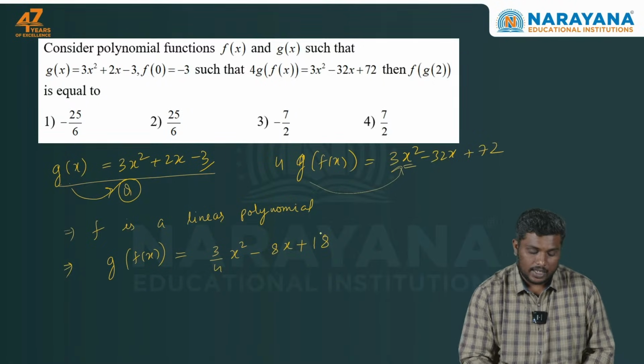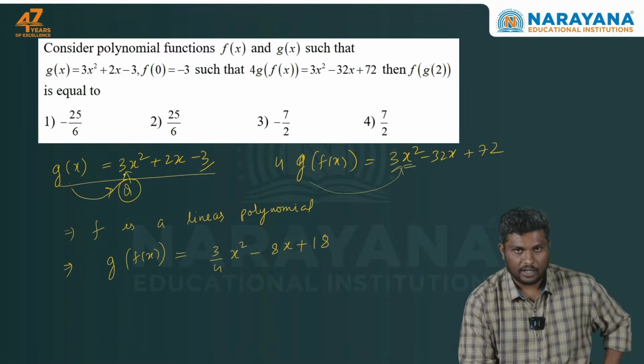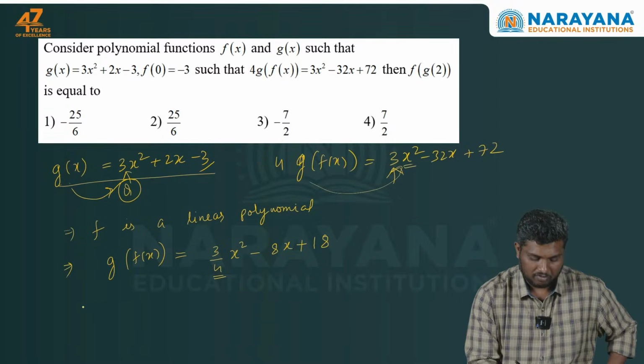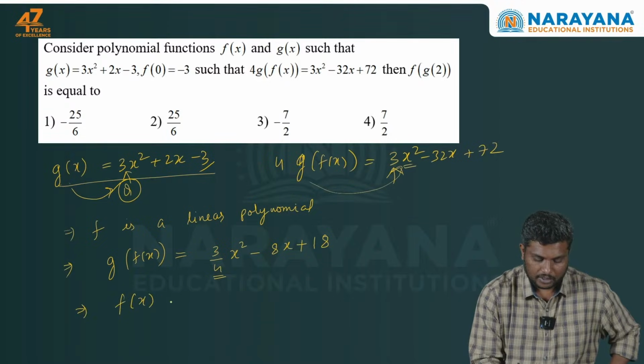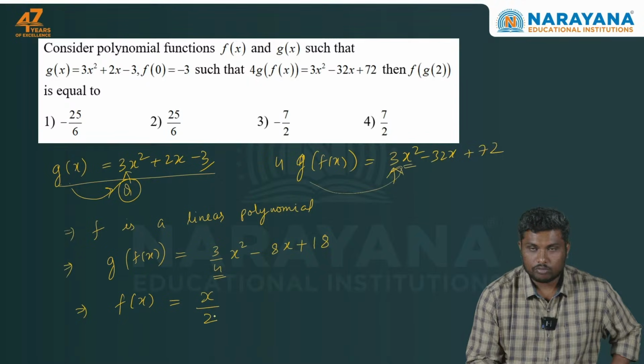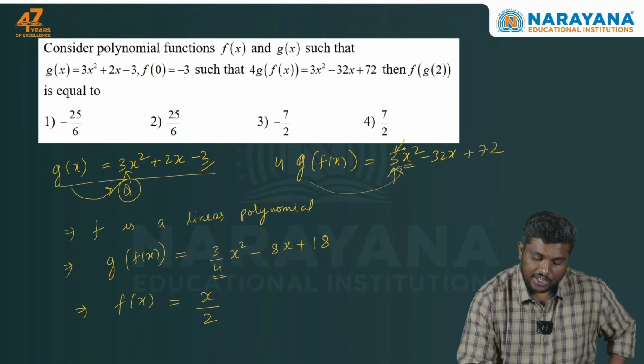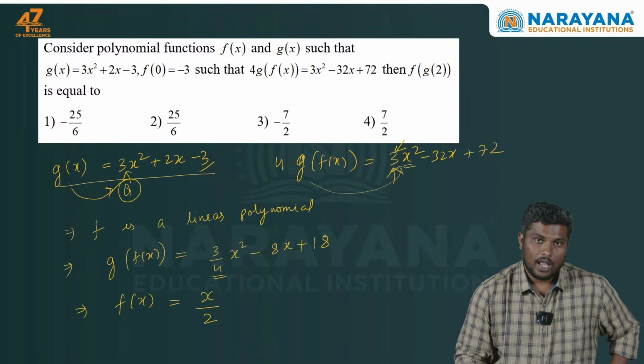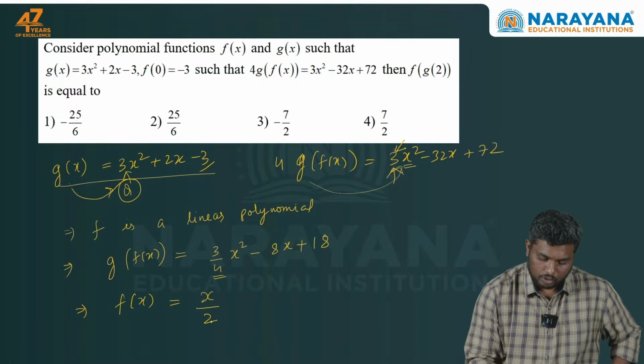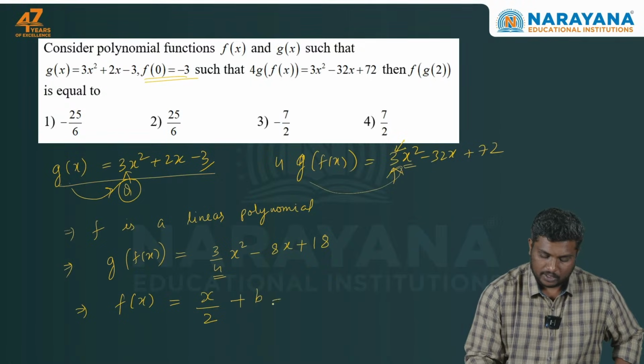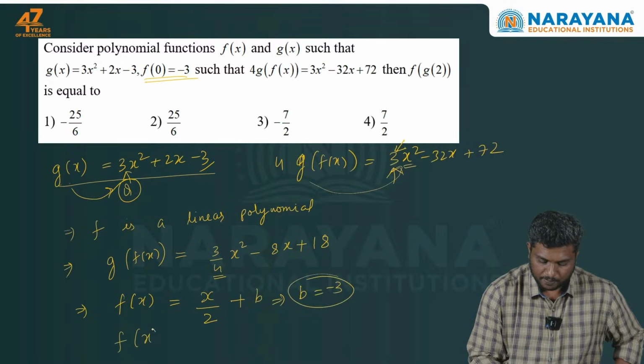As you can clearly see, earlier the leading coefficient was 3, now also the leading coefficient is 3, and now there is a by 4 here, which clearly indicates f of x leading coefficient will be 1 by 2, because the leading coefficient 3 did not change after substituting f of x, and then there is 4 in the denominator, so x by 2 plus some constant b, and it is given f of 0 is equal to minus 3, so b value will be minus 3. We got f of x. What is f of x? x by 2 minus 3. This is f of x.